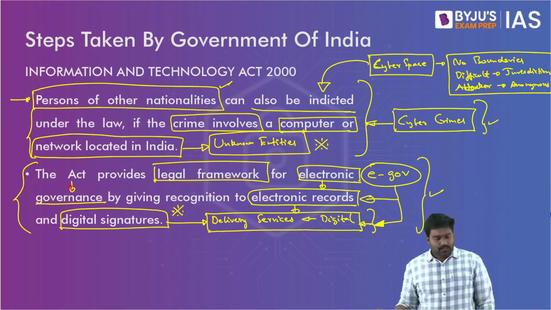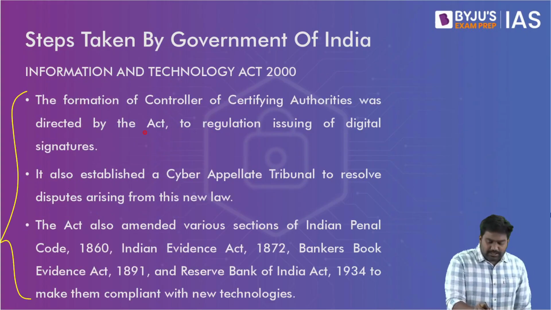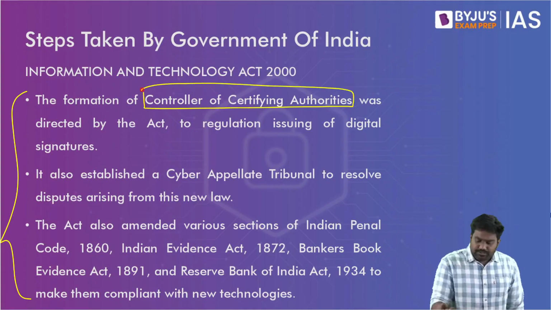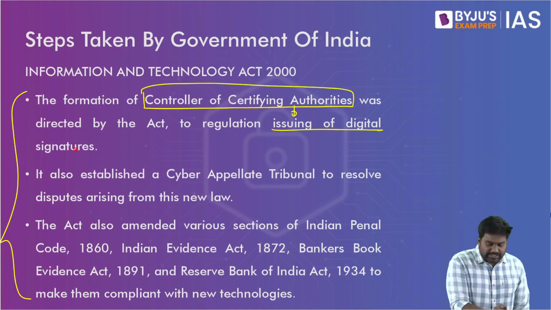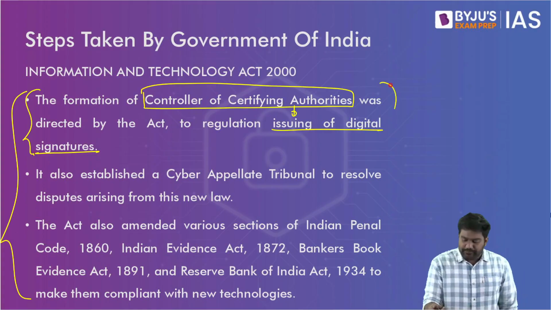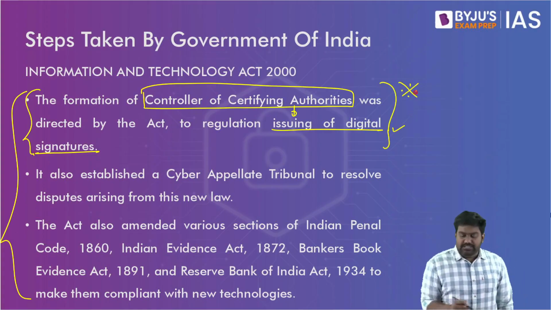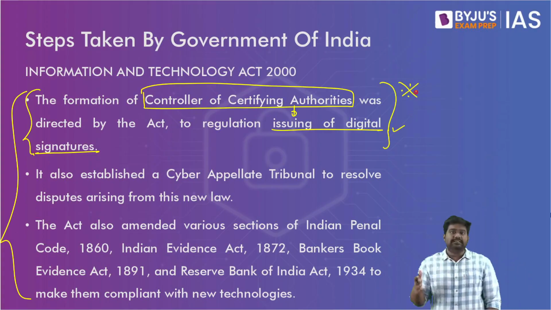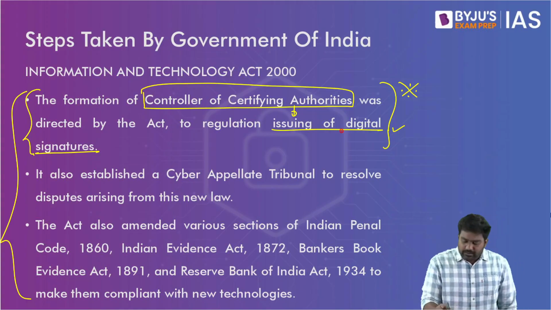All right. It establishes the Controller of Certifying Authorities to issue and regulate digital signatures in the country. Digital signatures are unique to different organizations. It helps in authenticating documents.